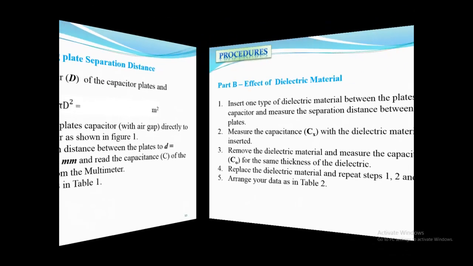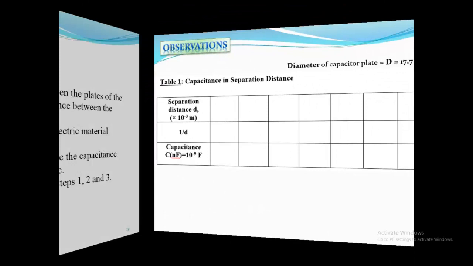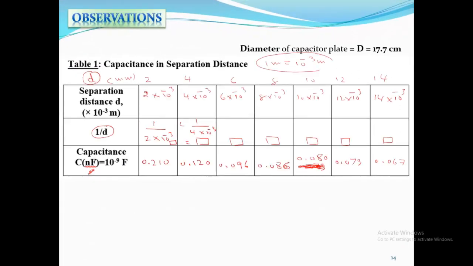For every new distance, a 2 millimeter increase, you will get readings like this. So this is 2, 4, 6, 8, 10, 12, 14 millimeter, and whenever you change the distance, you look at the capacitance meter and note the reading, and you will complete your table like this.